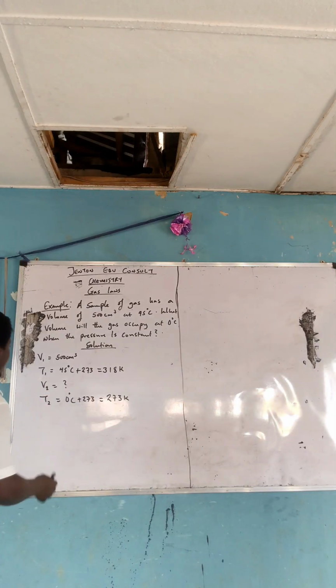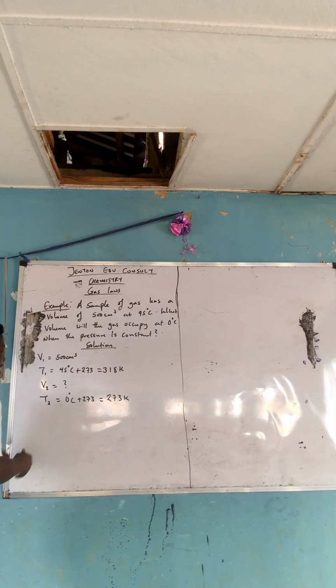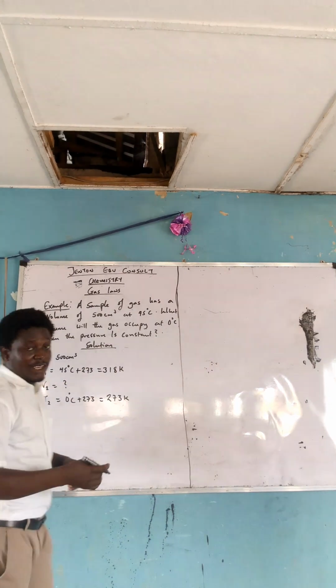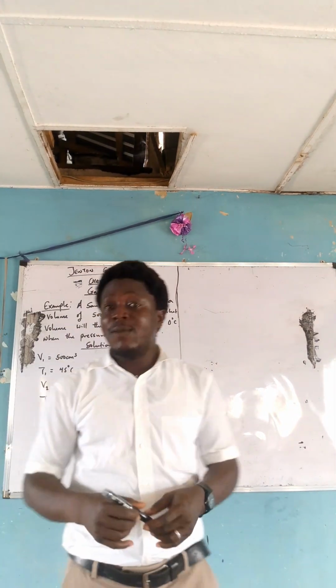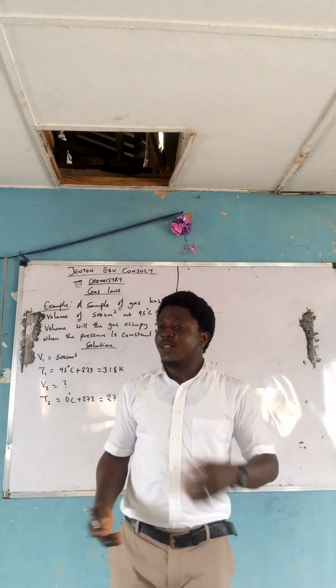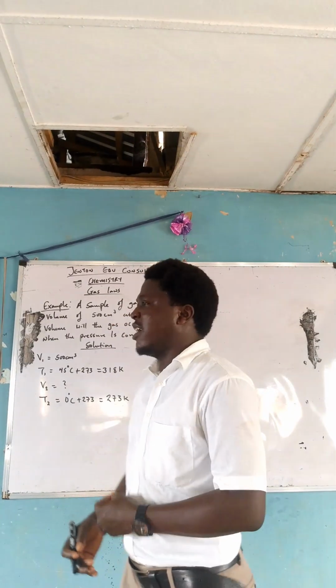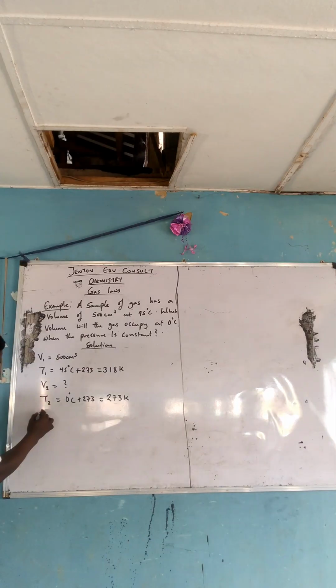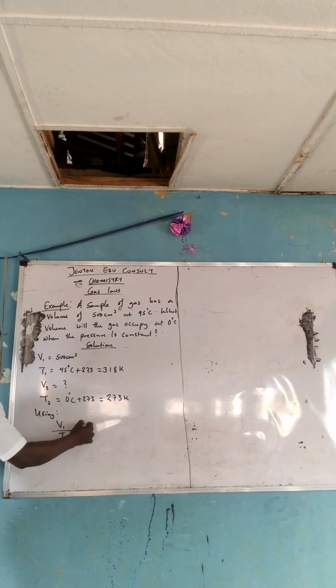So with this, we can move further to say that when the pressure is constant, and we all know whenever pressure is said to be constant, it means we are dealing with Charles' law. And what does Charles' law say? Mathematically, it says that V1 over T1 equals V2 over T2.